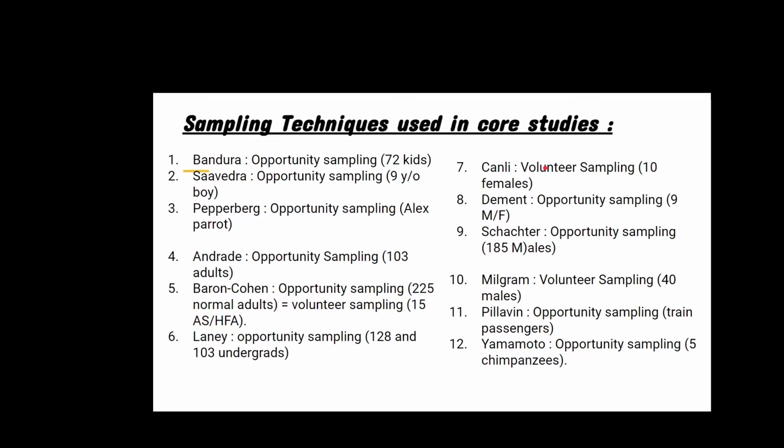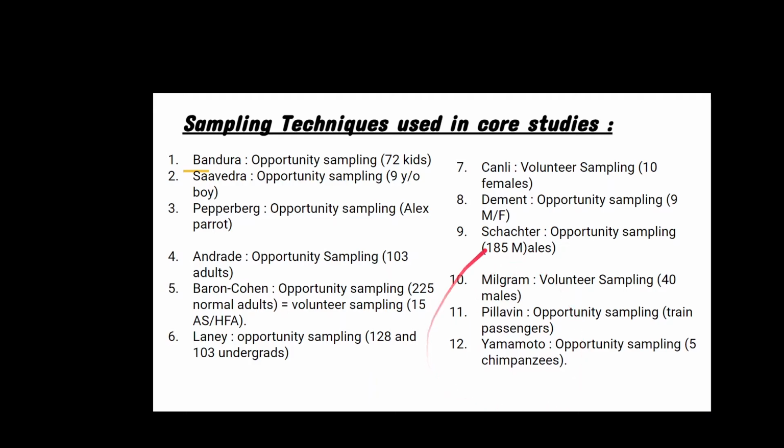So this is what I meant by the specifications we can make when we use volunteer sampling. In Dement and Kleitman, we used opportunity sampling to select 9 participants, out of which 7 were male and 2 were female. In Schachter and Singer, we used opportunity sampling to select 185 male undergrad students.